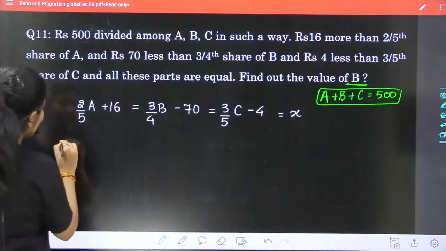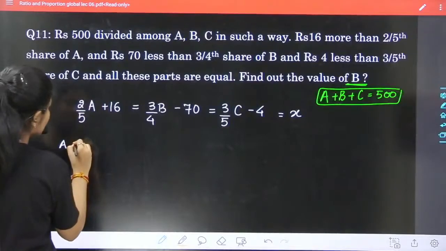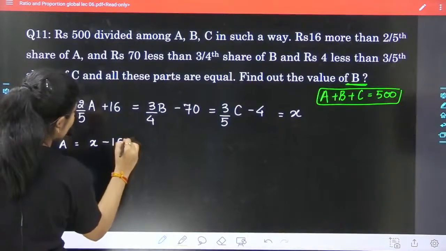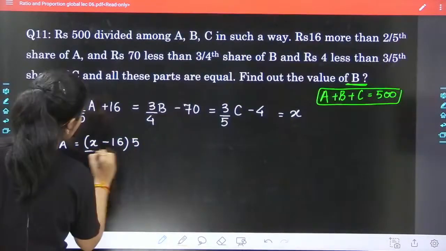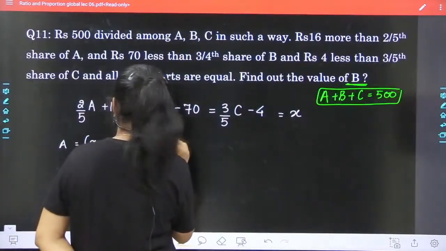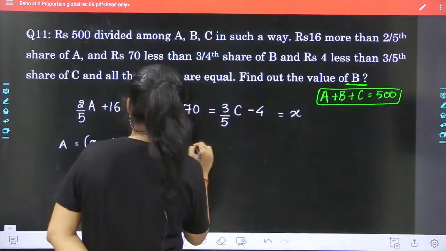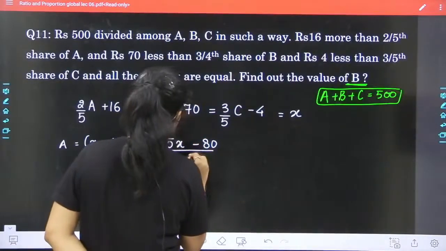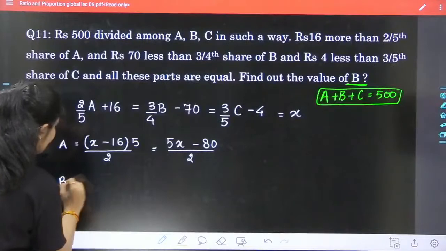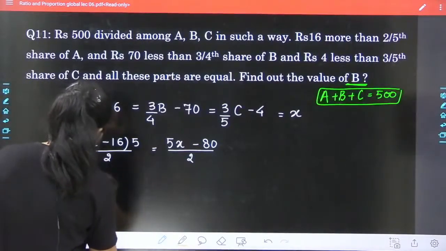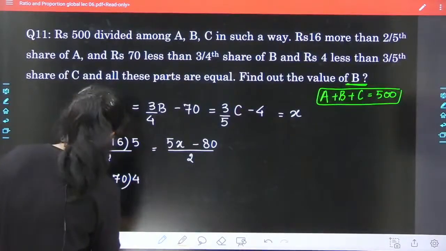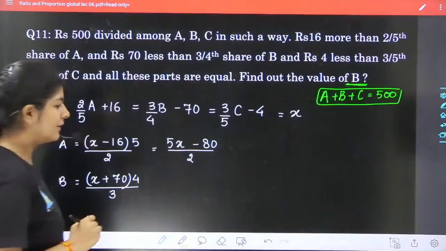Now we calculate the value of A from this equation in terms of x. So I can say that (x minus 16) multiplied by 5 by 2 is equal to A, or (5x minus 80) divided by 2 is equal to A. From this, I can say that B is equal to (x plus 70) multiplied by 4 divided by 3.